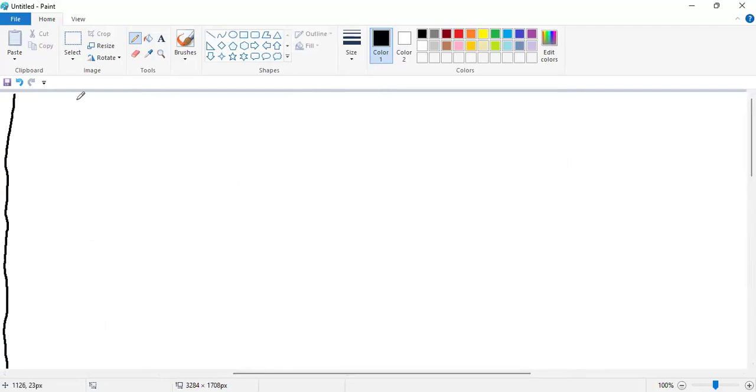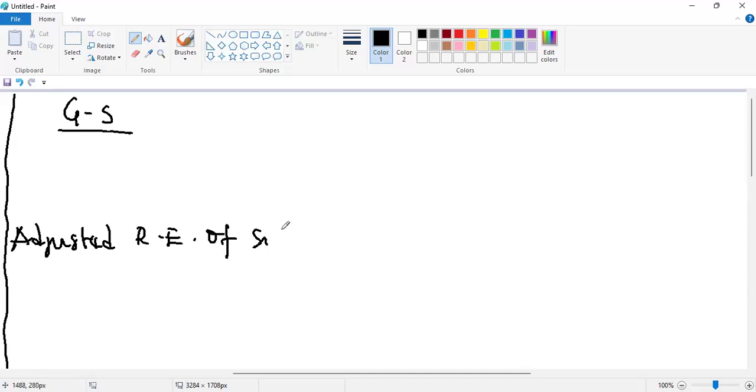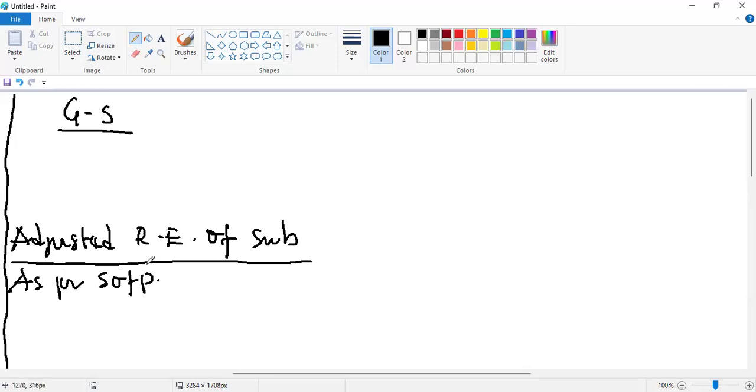Restructure, adjusted, TN of subsidiary as per SOFP. I need to determine the net assets.